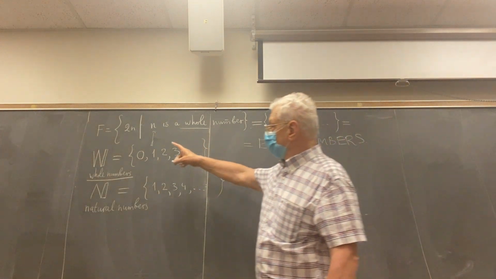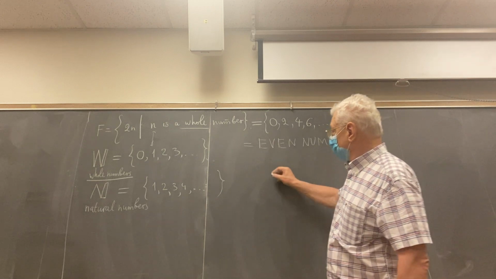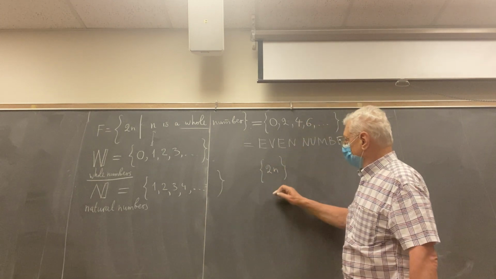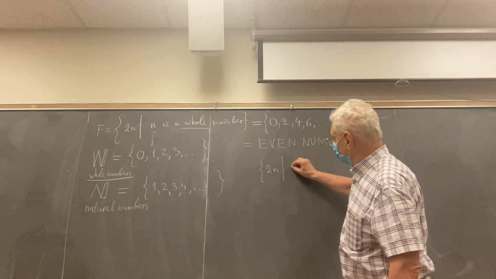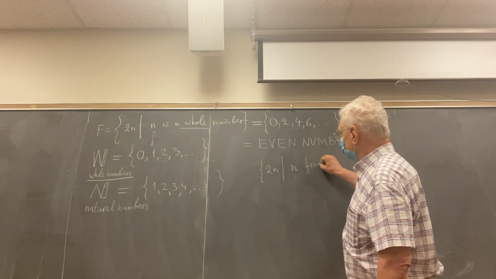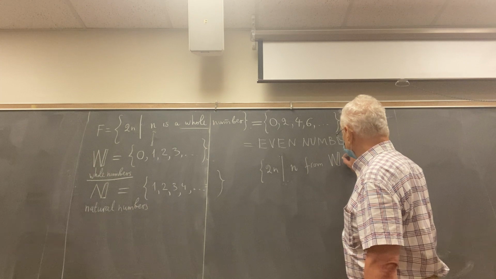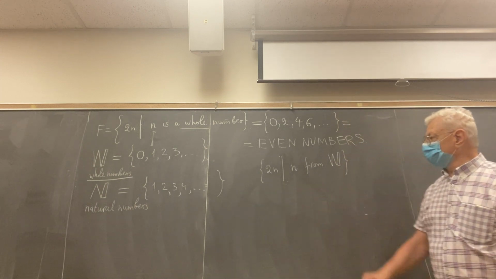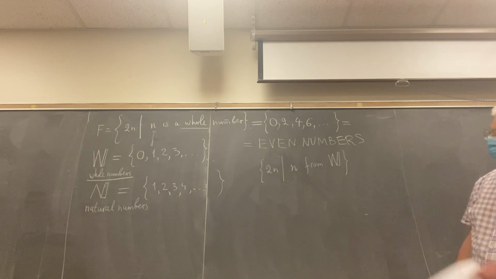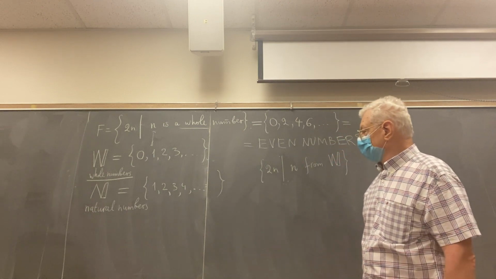So usually for brevity in mathematics, people write, consider the set 2n, without any description. They only write that n is from the whole numbers. Then it will be even numbers, but non-negative: positive for those and 0 for this one.